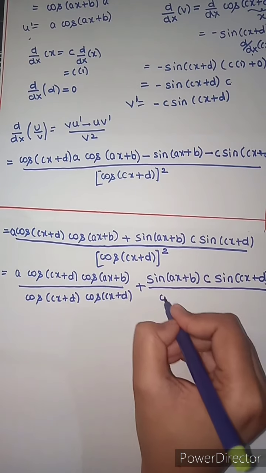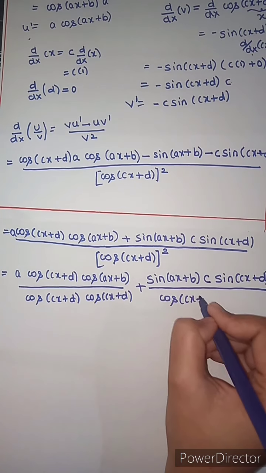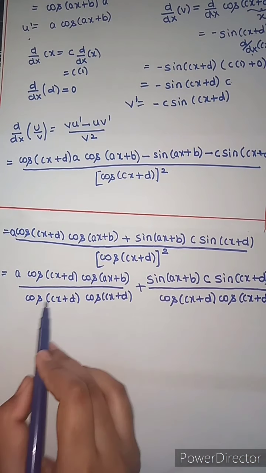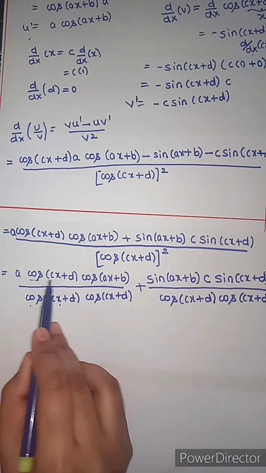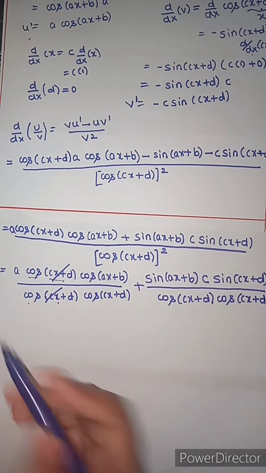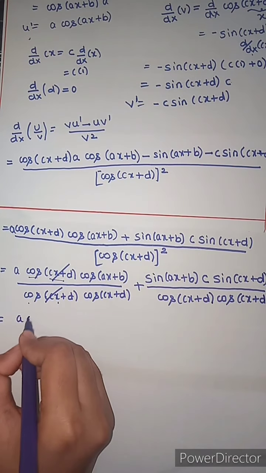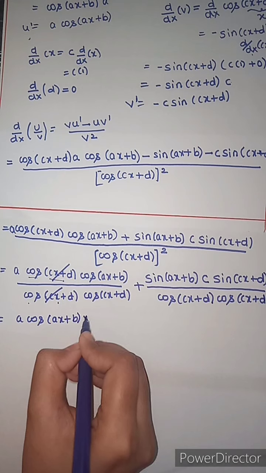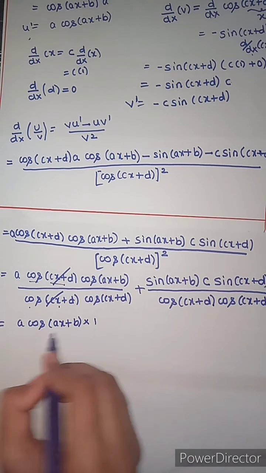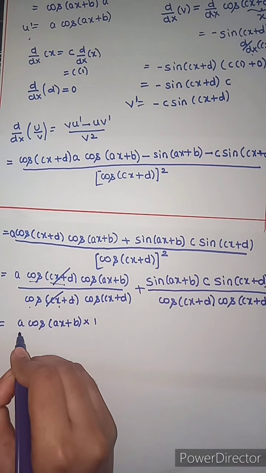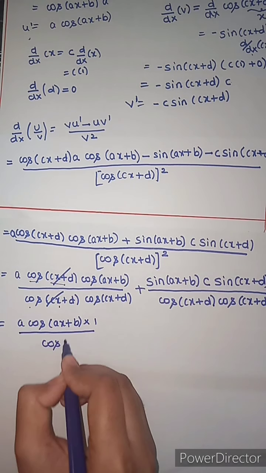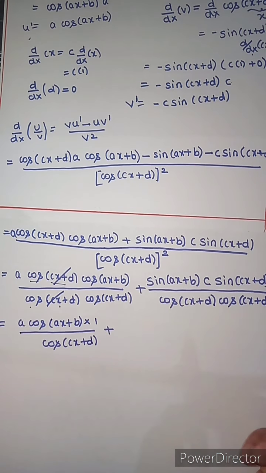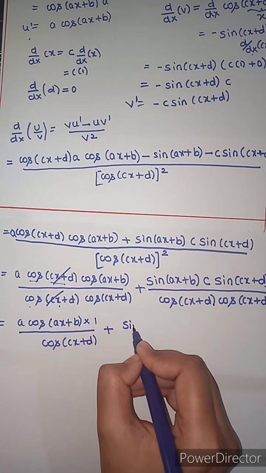Here also split and write cos of cx plus d, cos of cx plus d. See here, cos of cx plus d and cos of cx plus d get cancelled. So remaining a into cos of ax plus b into 1, over cos of cx plus d. Here there is nothing to cancel, so write as it is.